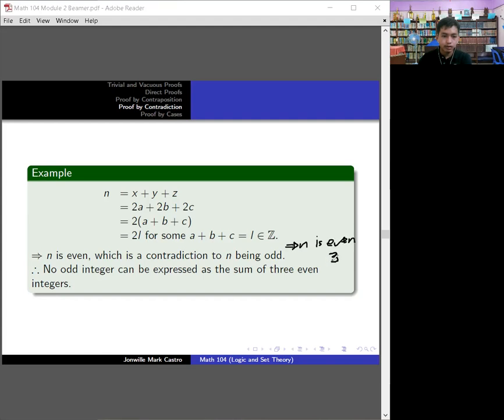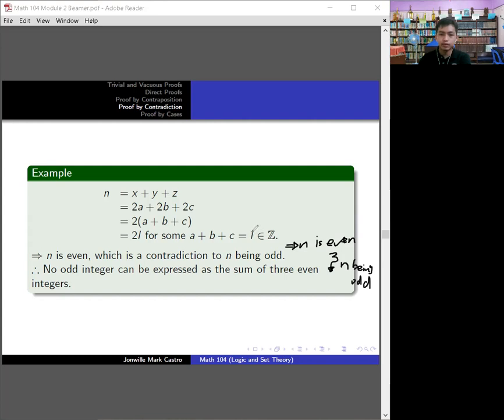Since contradiction, ito yung symbol ng contradiction. Contradiction to n being odd. Para hindi nyo na isulat yung mahabang word, pwede kayong gumamit ng symbol ng contradiction. Pero same lang din siya.